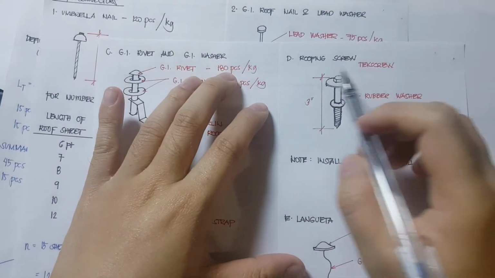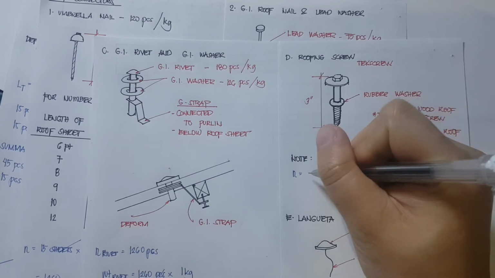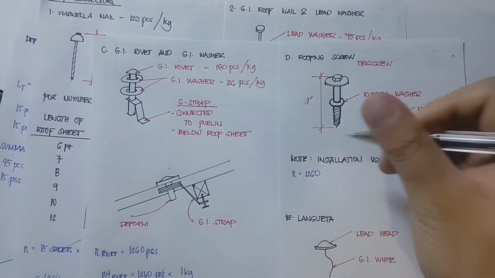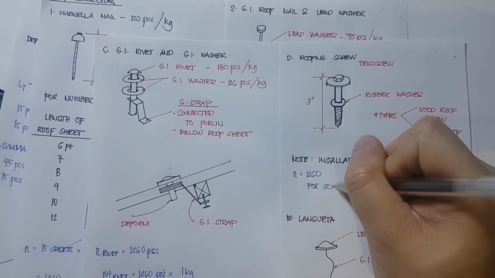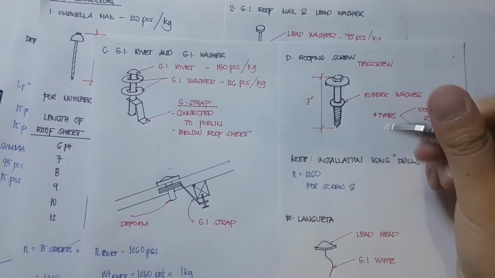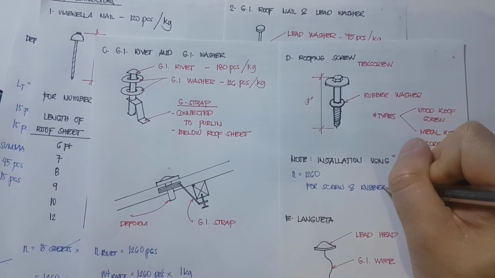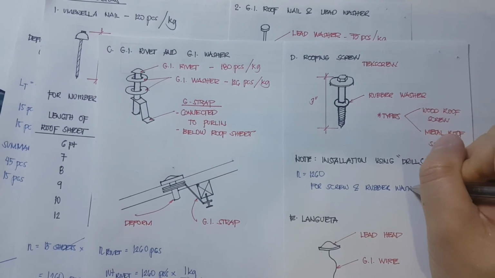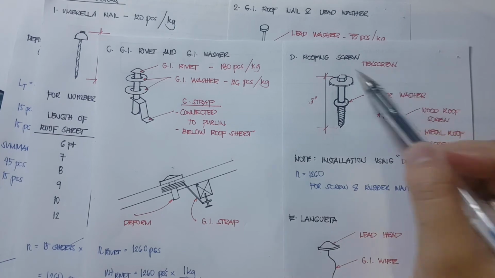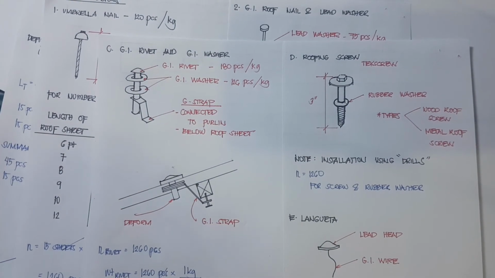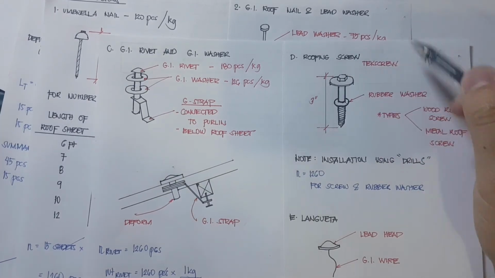So for the roofing screw, ganun din. Roofing screw number is equivalent to 1,260 for screw and rubber washer. The good thing about a roofing screw, this kind of screw is actually a Tex screw.